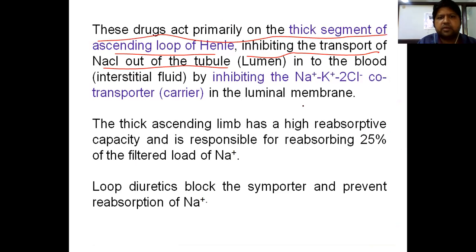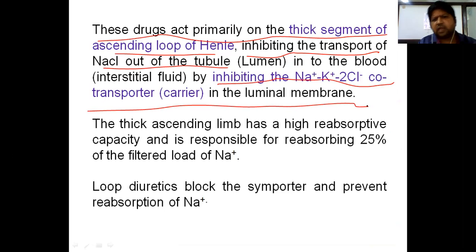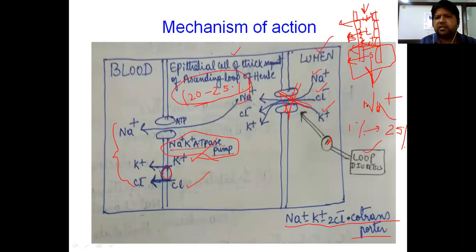Sodium chloride reabsorption will be blocked because this pump is blocked, inhibiting the transport of sodium chloride out of the tubule into the blood by inhibiting this pump, that is the sodium potassium chloride co-transporter in the luminal membrane. Luminal membrane means the membrane which is facing towards the lumen.